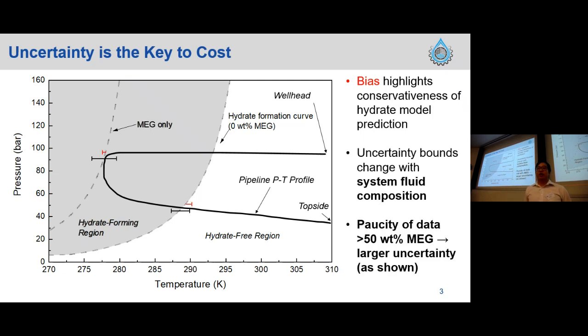But when you do this, the associated uncertainty with the new system containing MEG is going to be different. So it becomes quite important to understand these associated metrics with your hydrate models, as well as build a hydrate model that can minimize your associated uncertainty and be confident in the accuracy of the model.